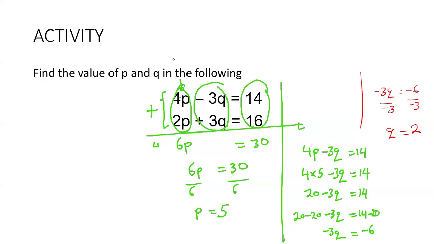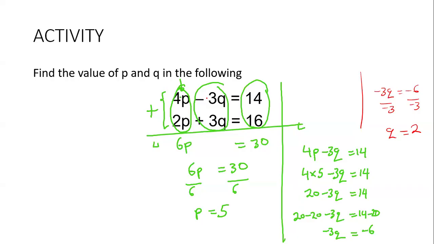Sir, like I was asking, in this question you've not used the last method we have been using. Like the last method, let me say this one is 4p minus 3q equals 14, then 2p plus 3q equals 16. We pick a coefficient from both, like if it's q, we pick 3 and put it on the first equation times 3, and the second equation as well.